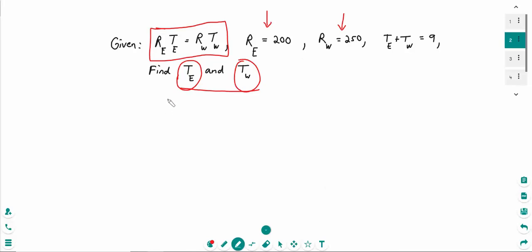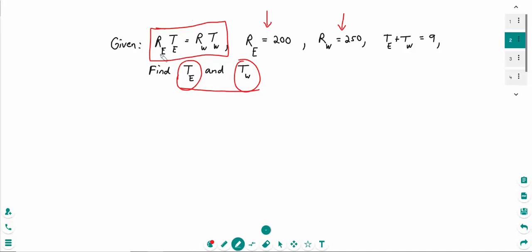By the way, just to refresh your memory, recall that if we have an equation in four variables, such as this one, in order to solve an equation with this many variables, we need that many equations as variables.